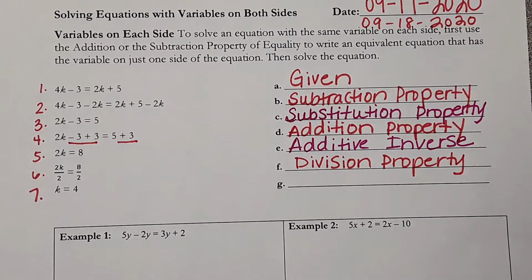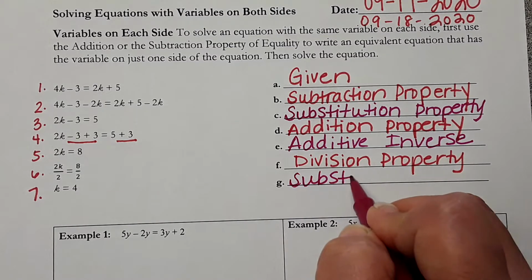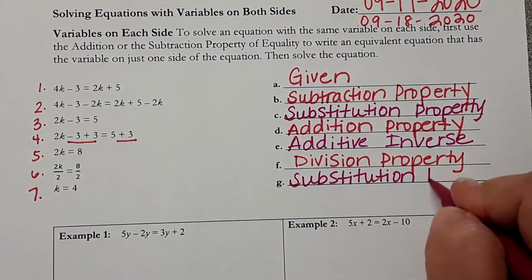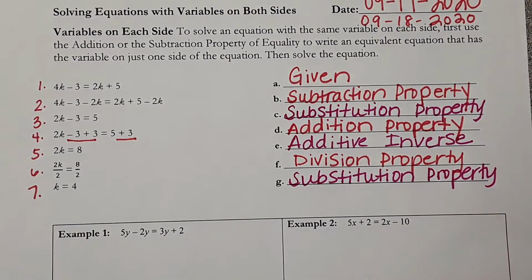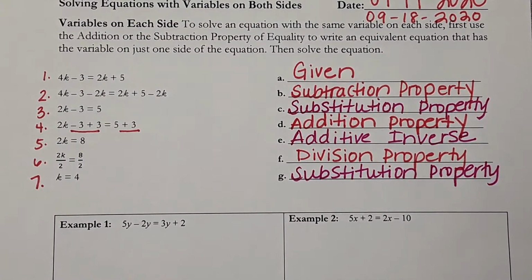Instead of writing 8 divided by 2, we wrote 4. So we replaced those. So what property allows us to replace them? So it's substitution. You guys, again, you aren't going to have to do a full one of these, but you will have to do one that's partially filled out. So I always like to do one because I know that you're going to see them and you'll have to do them partially.